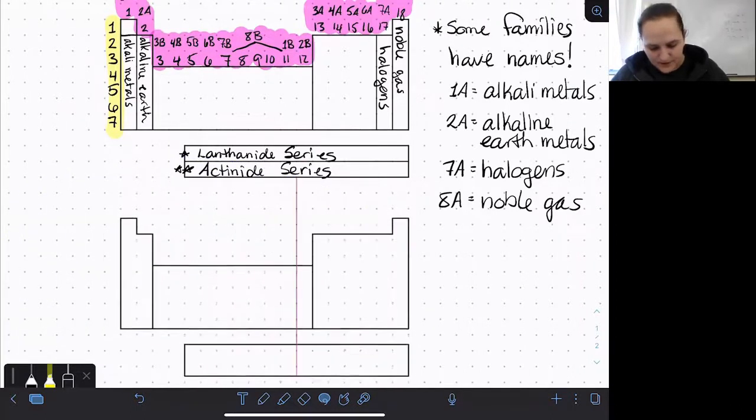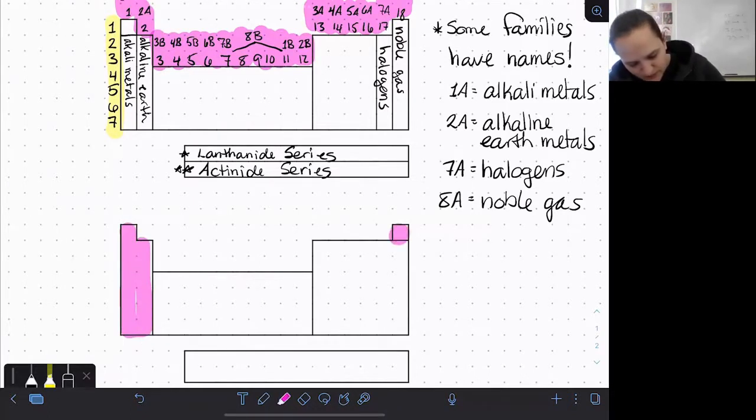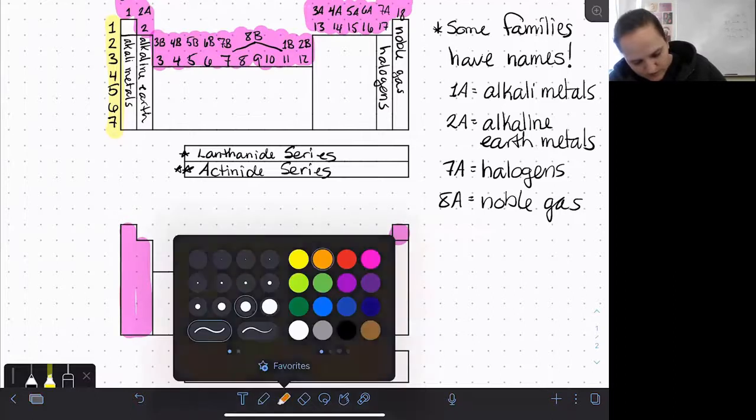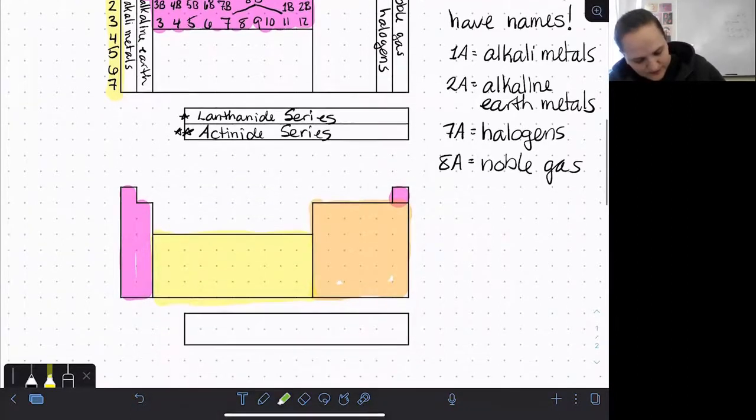Take another version of this fellow. We've already talked about the SPDF situation, so that really puts helium in the S block. The P block, the D block, and the F block.